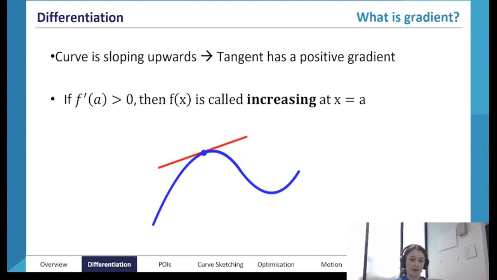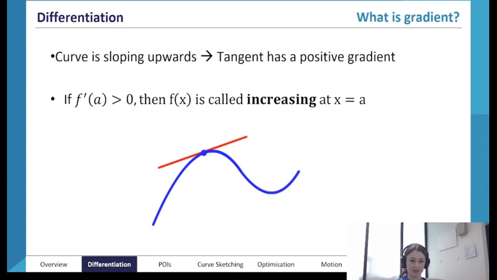And then if our derivative at point A is greater than 0, then we say that the function f of x is increasing at that point, at x equals a.